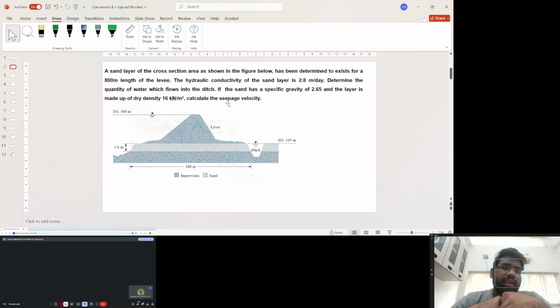The hydraulic conductivity of the sand layer is 2.8 meter per day. Determine the quantity of water which flows into the ditch. If the sand has a specific gravity of 2.65 and the layer has a dry density of 16 kilonewton per meter cube, calculate the seepage velocity.